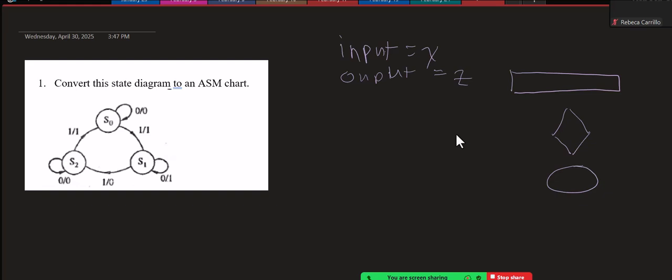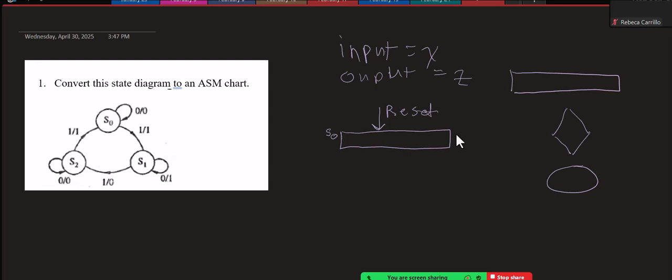And so for this particular state diagram, we'll start with the state S0, and that we'll say is our reset state. It doesn't have a reset on there, but it makes sense that that would be it. So I just decided that that would be it.